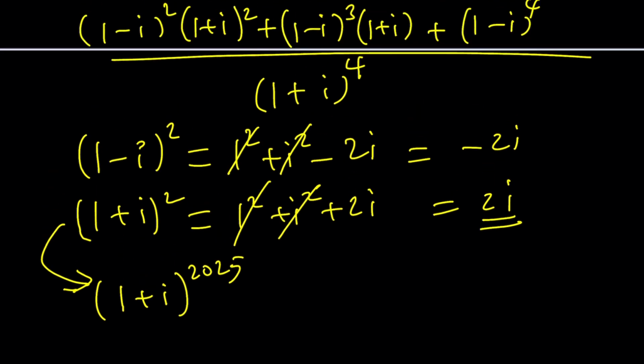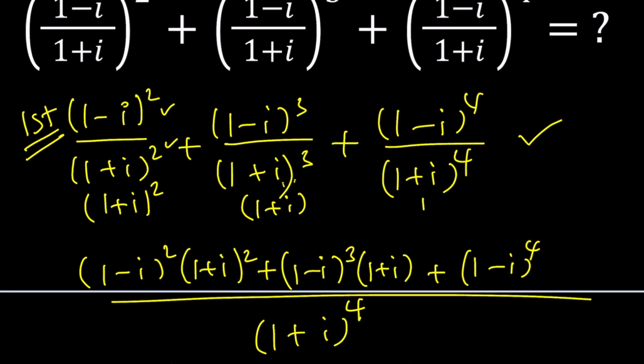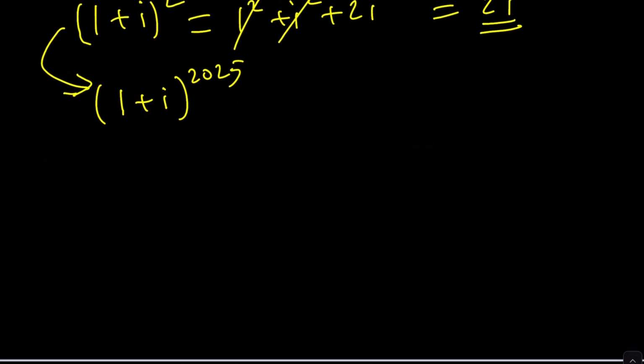So, what else can we do? We can definitely go off of these. So I can find these easily. Negative 2i divided by 2i. That should give me what? Negative i, or negative 1, right? And then just go from there. And continue to build. So that could be one way to do it. You can simplify each one of these. For example, how would you find (1 minus i) to the third power?